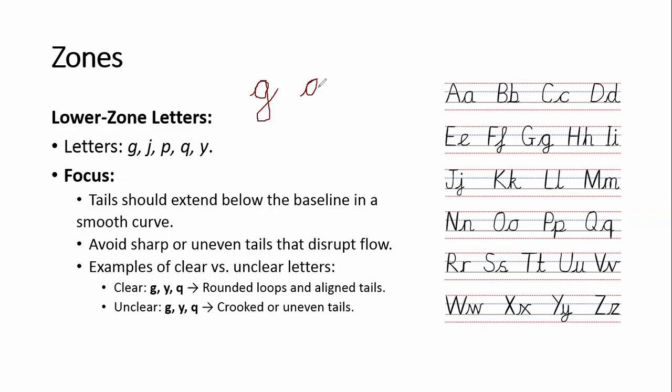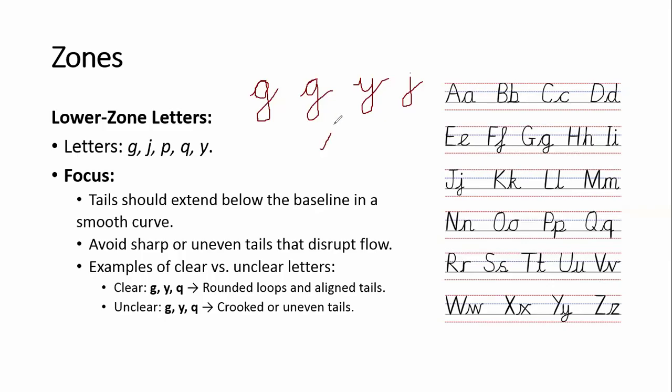O, extend the line, and Y, J. Okay. So these are the lower zone alphabets.